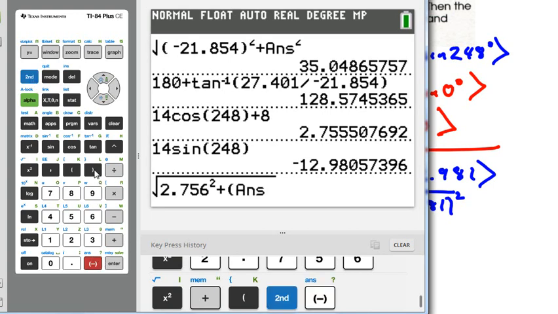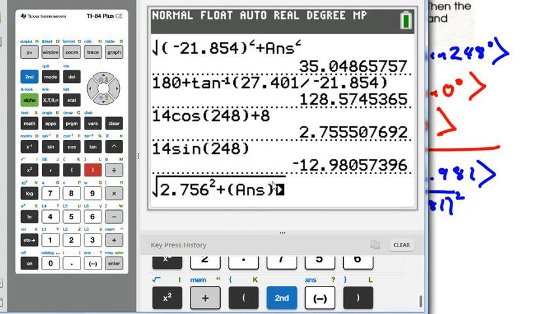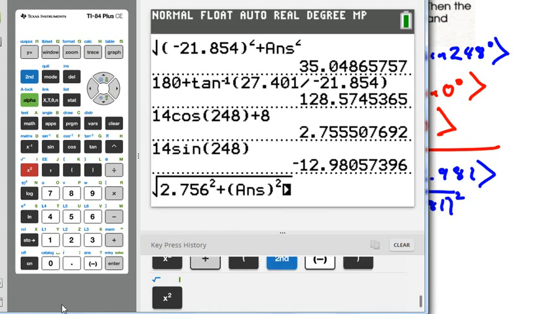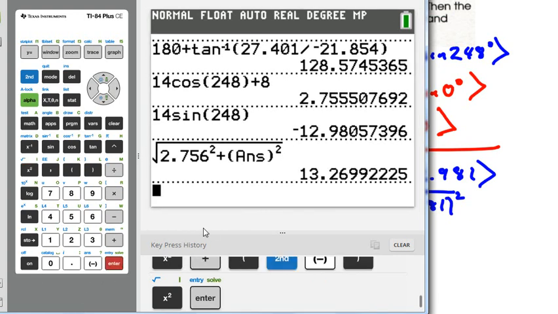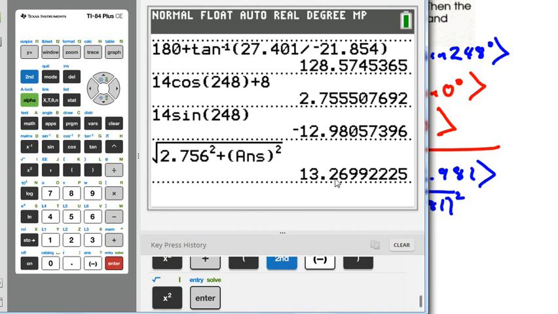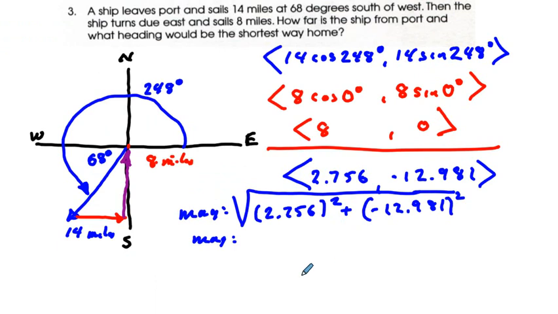So we have that, and I know that's negative, so I have to have parentheses there to make it right. And we have as our answer 13.270. So 13.270 miles from port. Away, we'll call that.